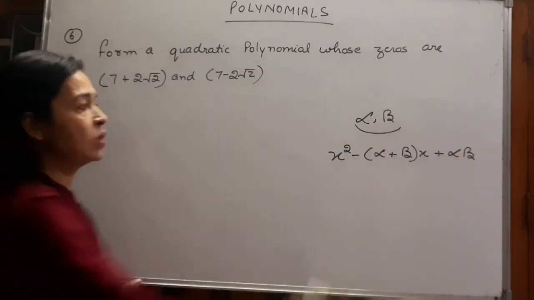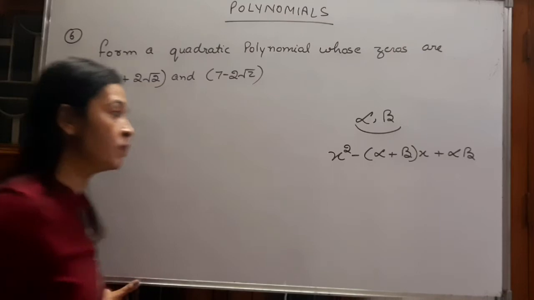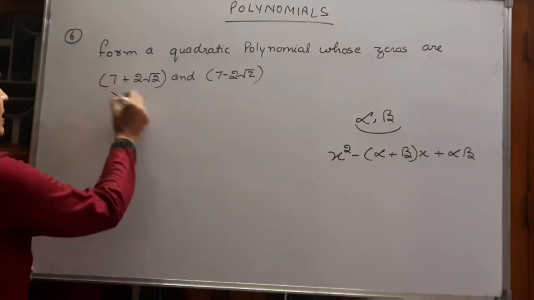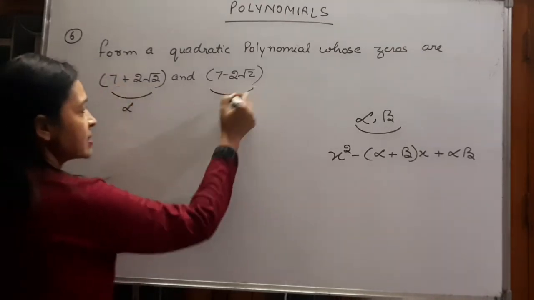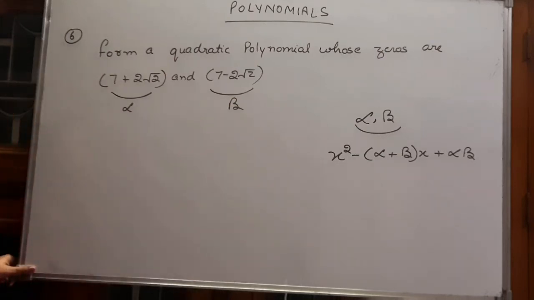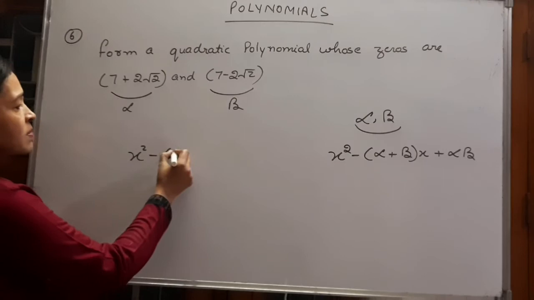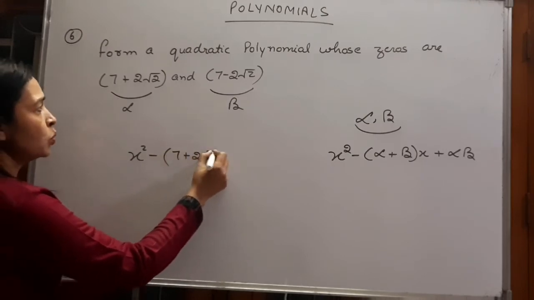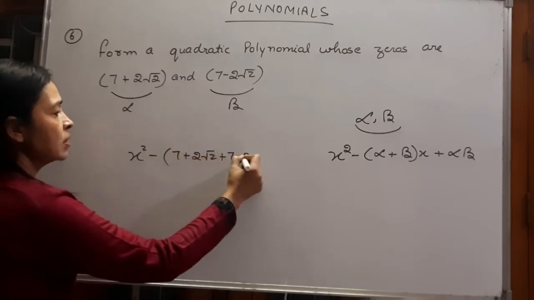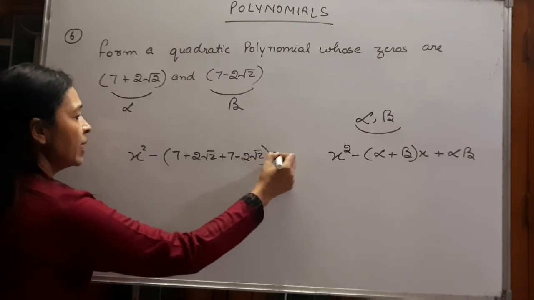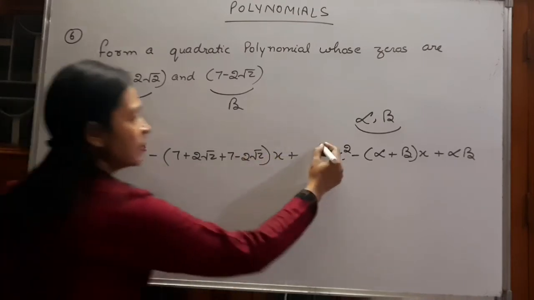X square minus sum of zeros into x plus product of zeros. Now, in this case, if this is alpha and this is beta, what will be our polynomial? X square minus alpha plus beta, 7 plus 2 root 2 plus 7 minus 2 root 2 into x plus alpha beta.